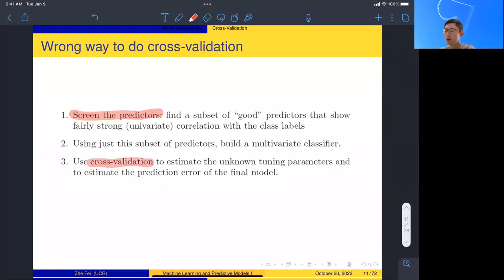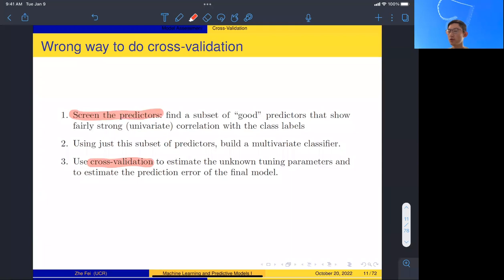The misunderstanding is that we use the whole data set to select a subset of good predictors. That's the screening step.